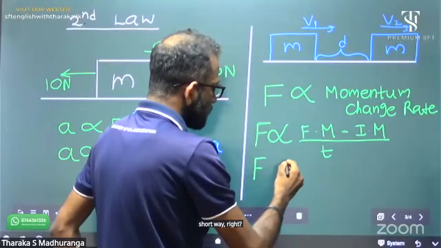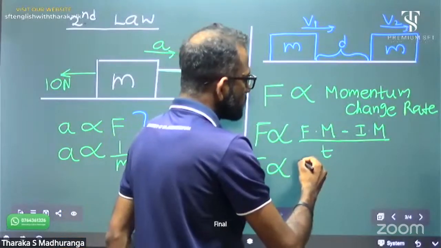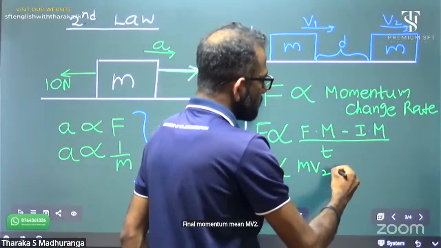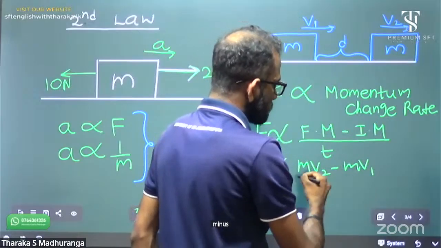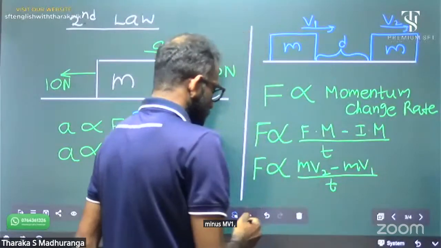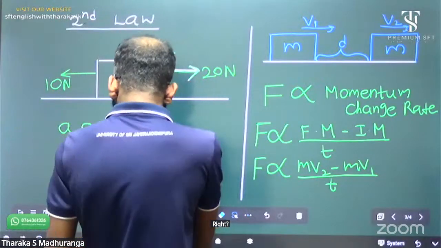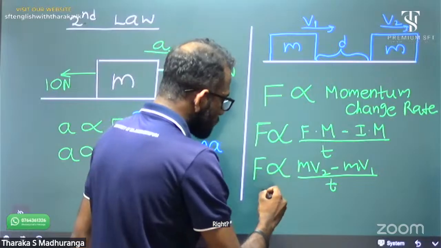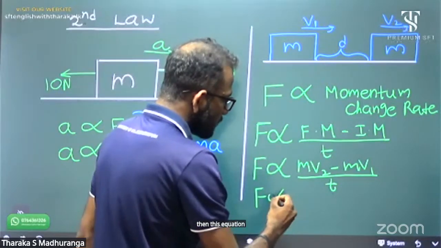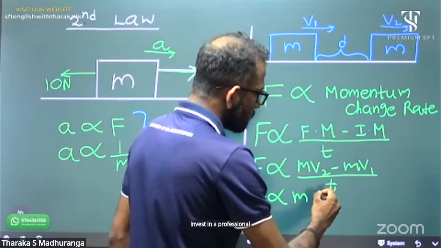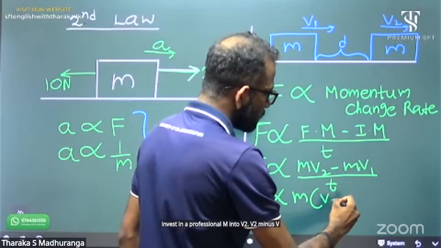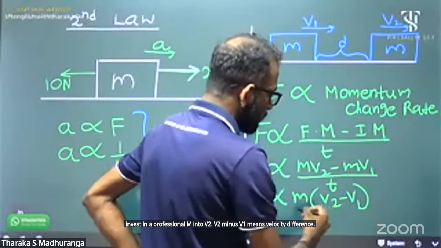Then the momentum change is mv2 minus mv1 divided by time. Then F is proportional to m into (v2 minus v1), the velocity difference, divided by time.